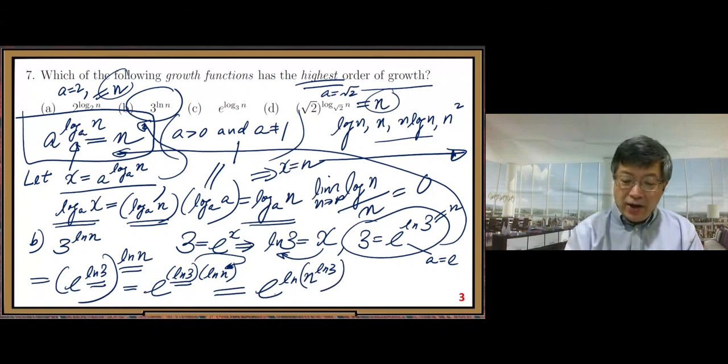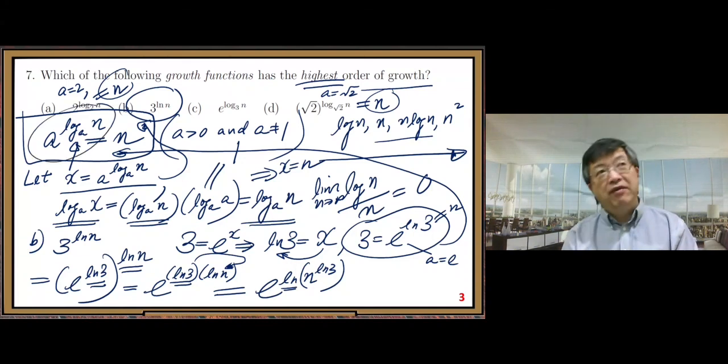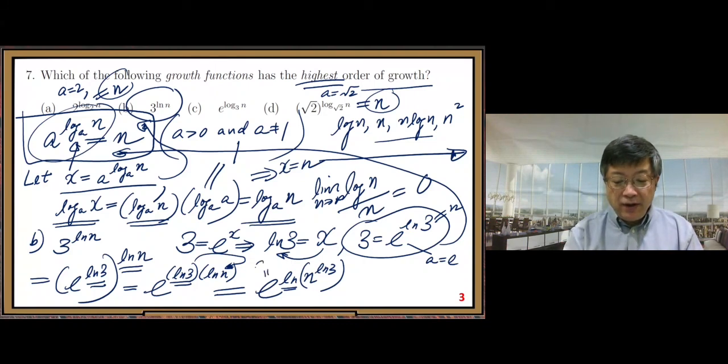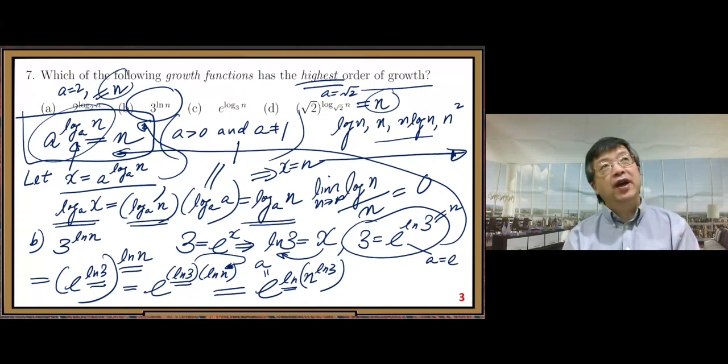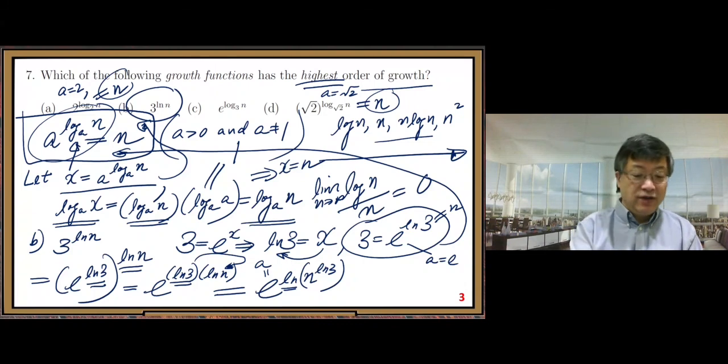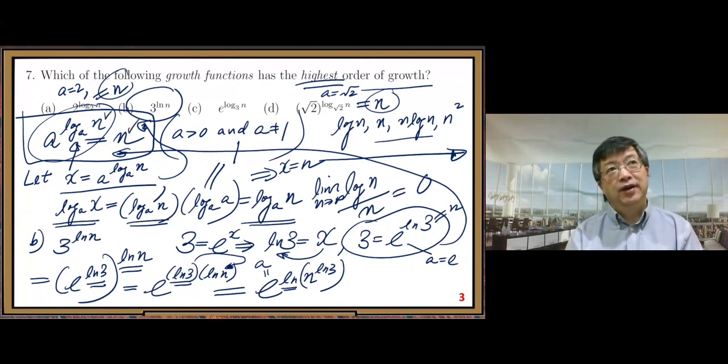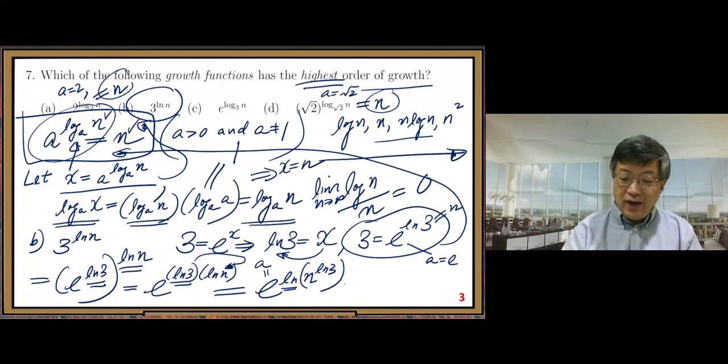Now e to the natural log of something, does this match that formula? E equals a here. So this parenthesis corresponds to that n. That n is not necessarily an integer, and this is also correct for non-integers.